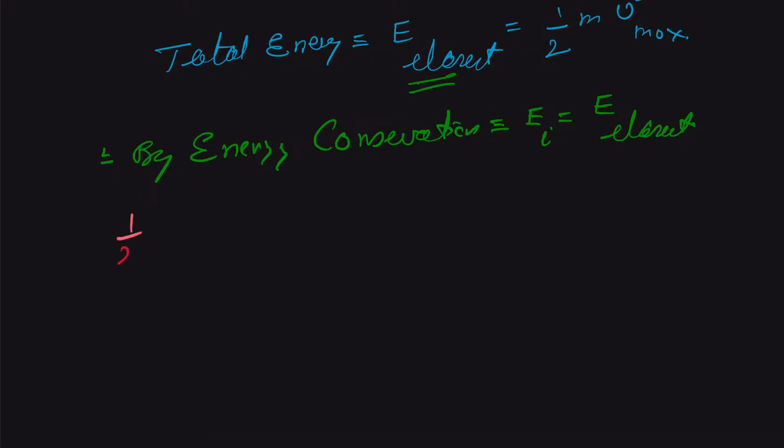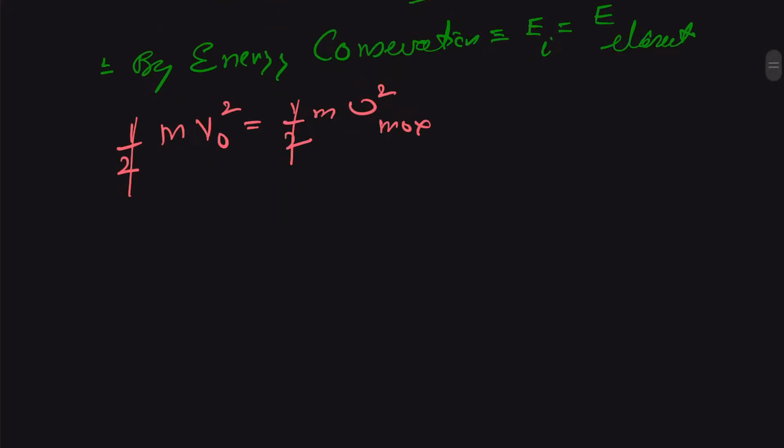So we can just substitute it. We get half M v naught square is equal to half m v square max. And from here, this half and half goes away, and we get that the maximum velocity of the ball will be equal to v naught times the ratio of capital M to small m.